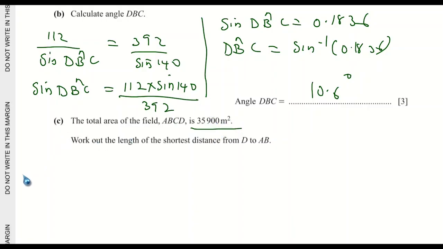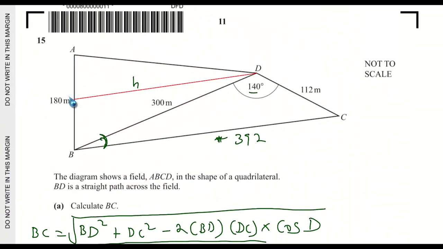So the area of triangle BDC equals, well, the area will be this side multiplied by that, 300 times 112, multiplied by the sine of the angle between them, divided by 2.